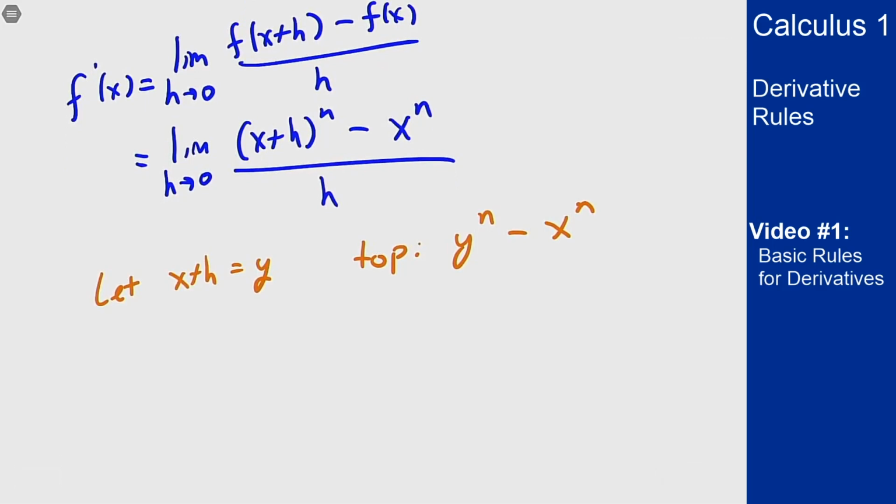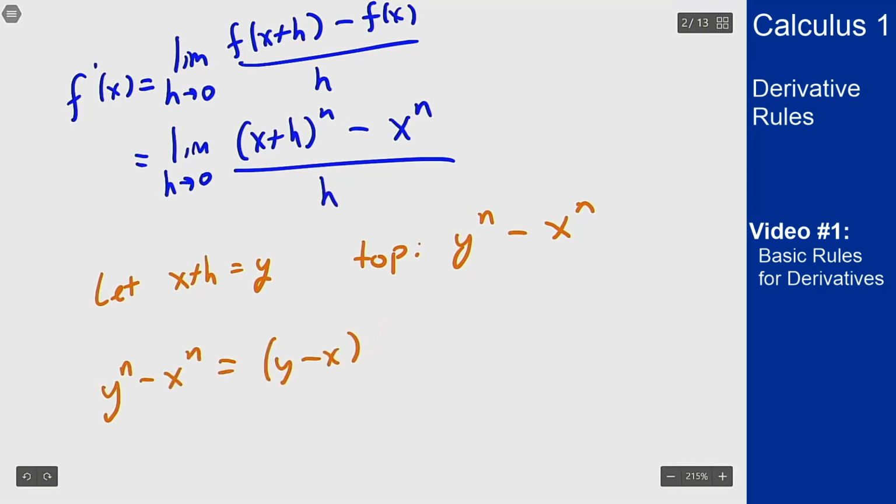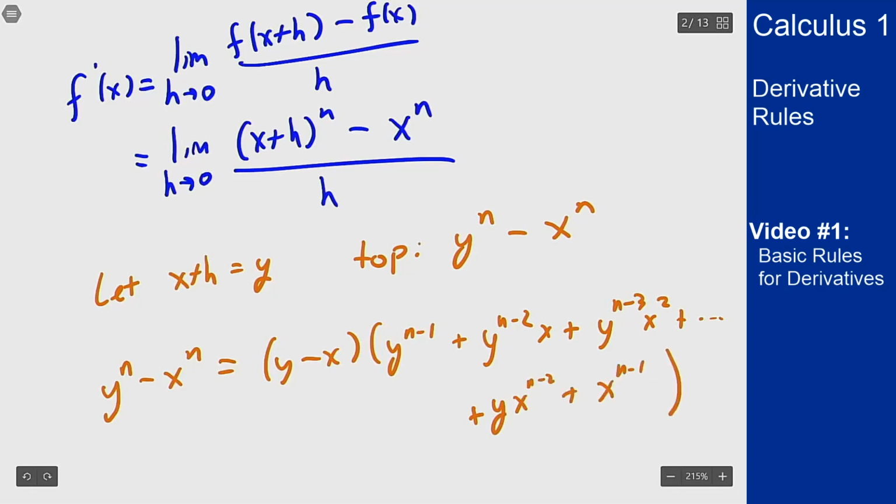Now, this expression factors. It's not something you may have seen before, but you can factor y to the n minus x to the n as y minus x times y to the n minus 1 plus y to the n minus 2 x plus y to the n minus 3 x squared. And then you keep stepping down, y x to the n minus 2 plus x to the n minus 1. If you follow this out term by term, the first term gives you a y to the n.